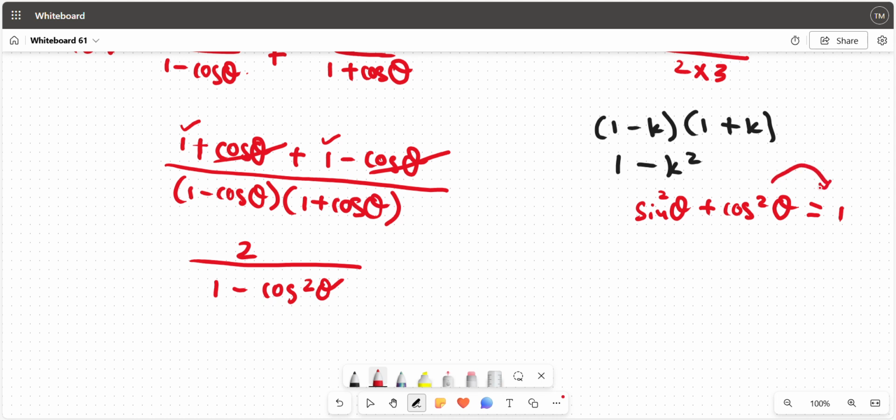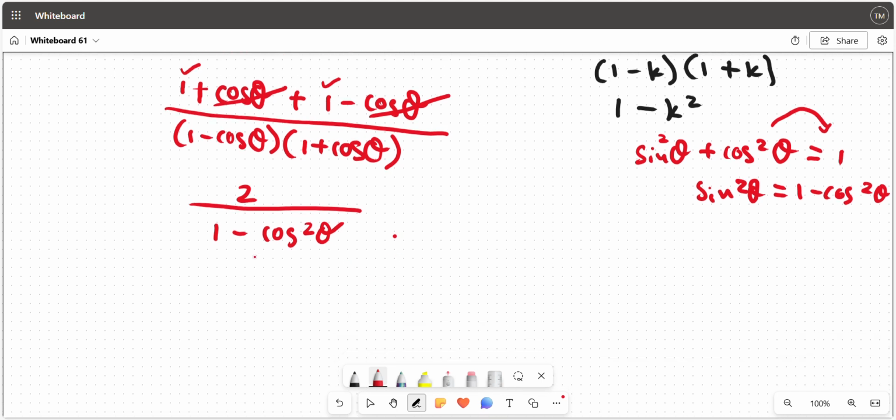And once I take this cos squared theta over, sine squared theta is equal to a 1 minus a cos squared theta. So that's the identity I'll be applying here. So this will be a 2 divided by a sine squared theta, and this is actually equal to the right hand side. And there we go. This is proven.